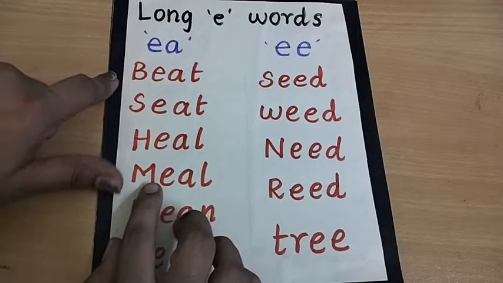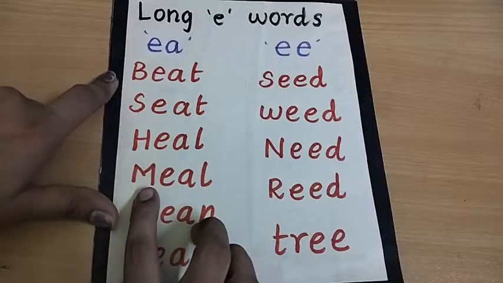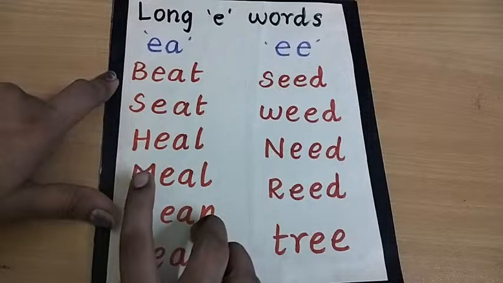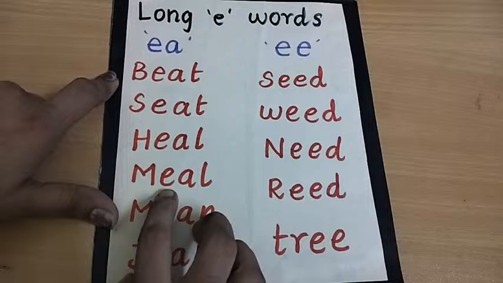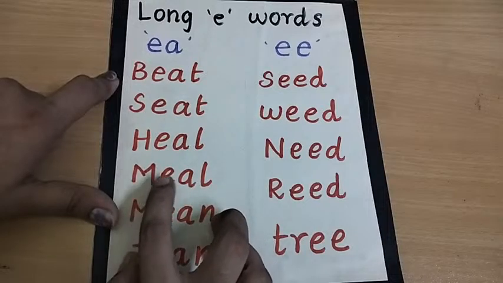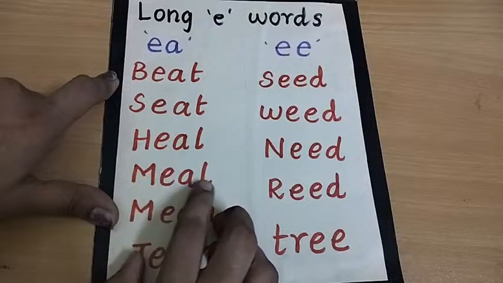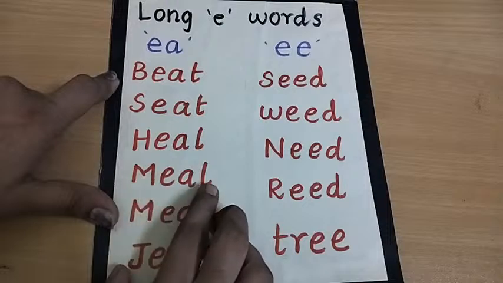The next one, M, E, A, L. The sound of M is M. Next, EA, you have to take the actual sound of the letter E. So E, the sound of L is L. E, A. Meal.